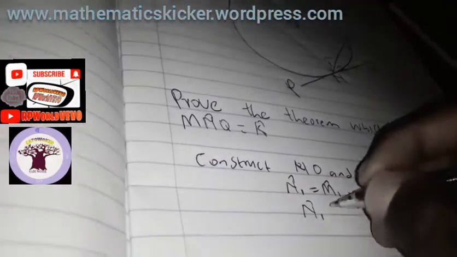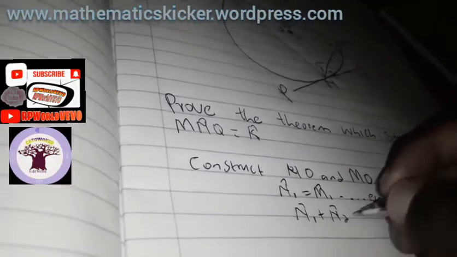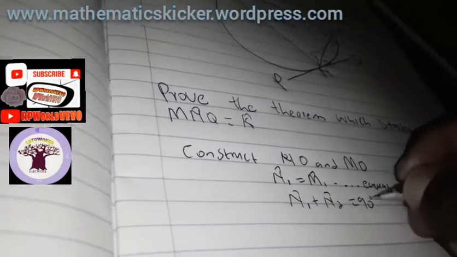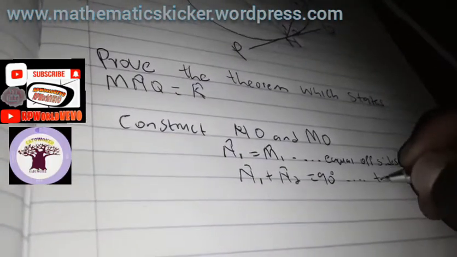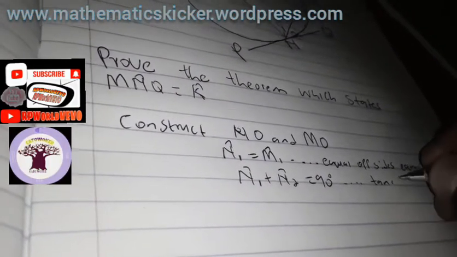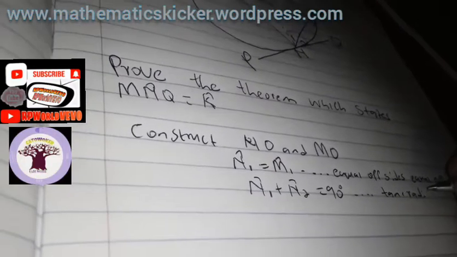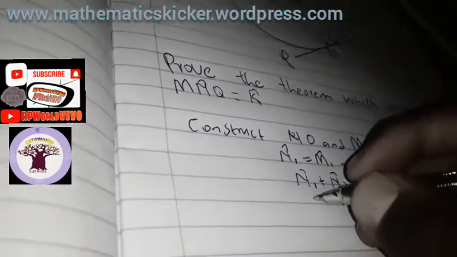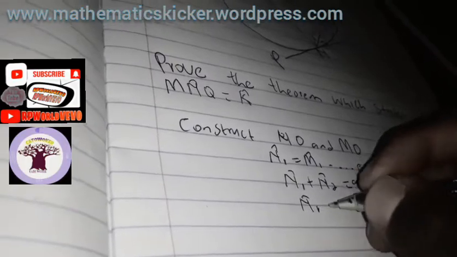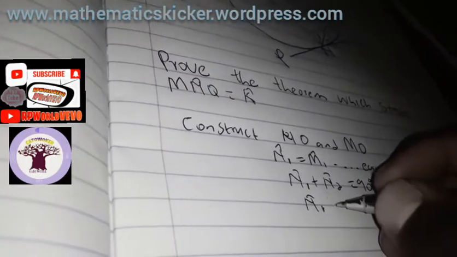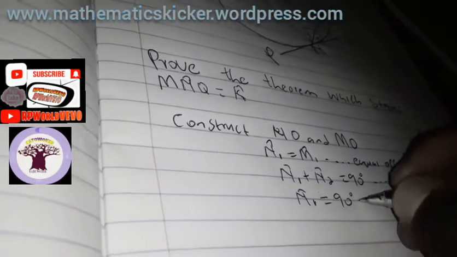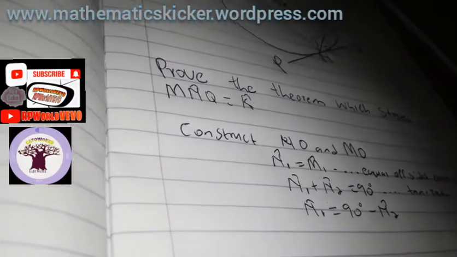The reason is tangent is perpendicular to a radius. Then N1 is equal to 90 degrees minus angle N2.